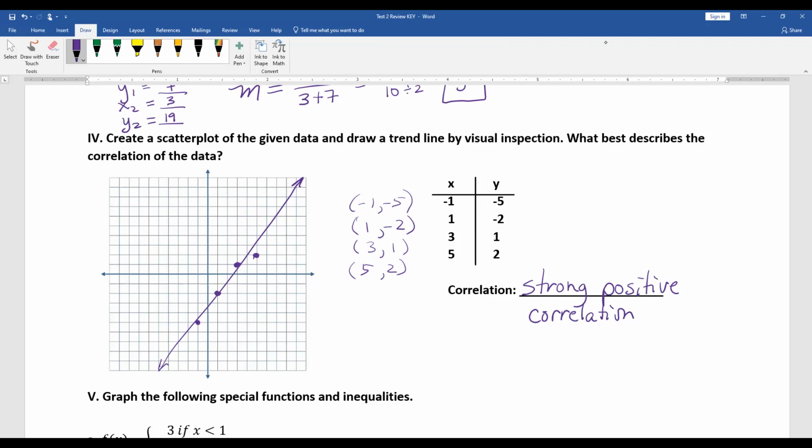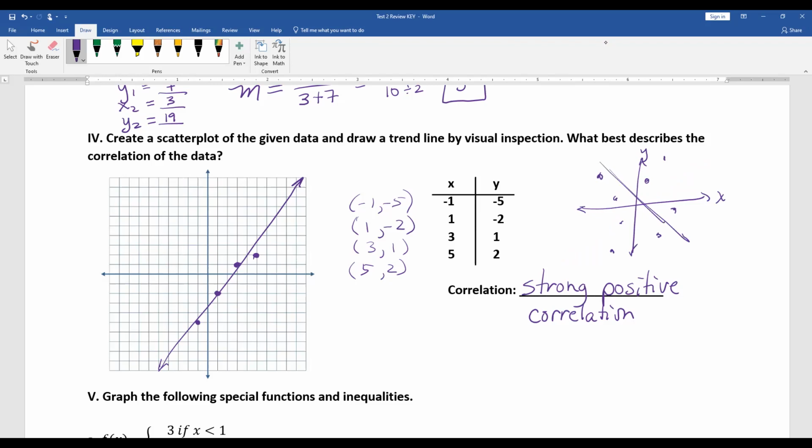If you go to the section in your textbook, I think it's 2.3, and you see a scatter plot like this, and you have to put the line through here, then we have a very weak correlation. And if you have it like this, then you have a very weak negative correlation.